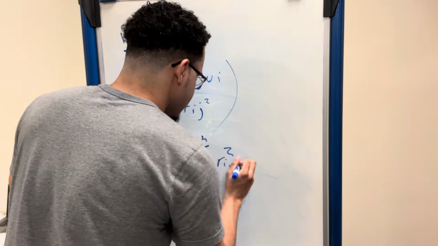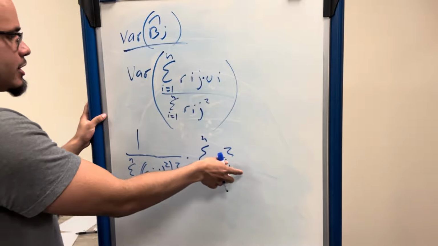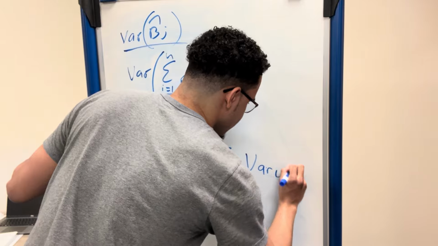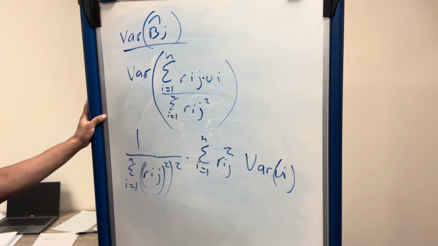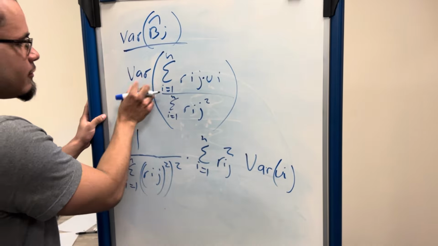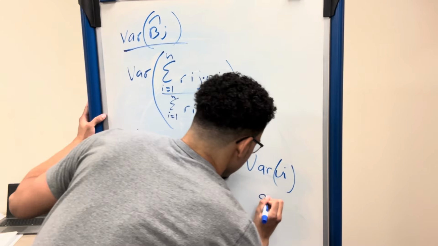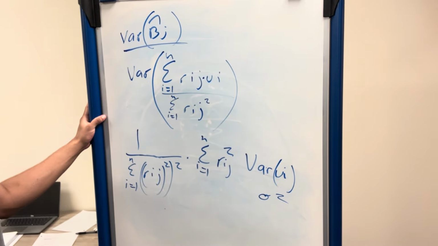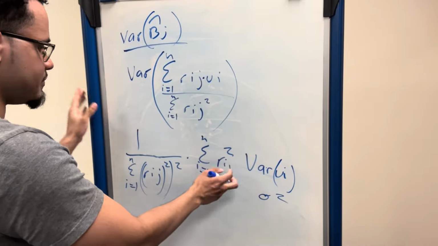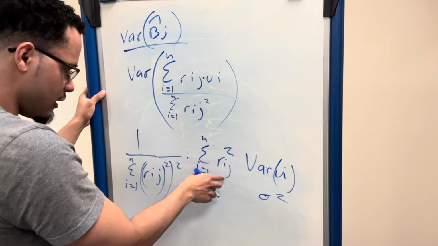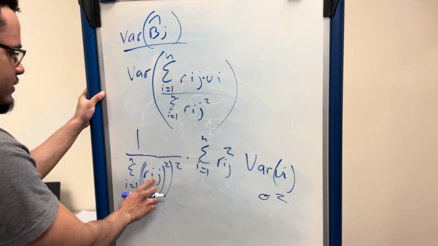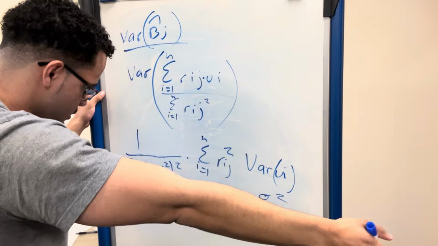Okay, so this comes out to be r squared j, and then we take the variance of ui. So we've separated this to the left, this to the left. Now we just have a variance of ui, which is just variance. But we take this over this, right? This is the squared r_ij times 1 over r_ij squared.